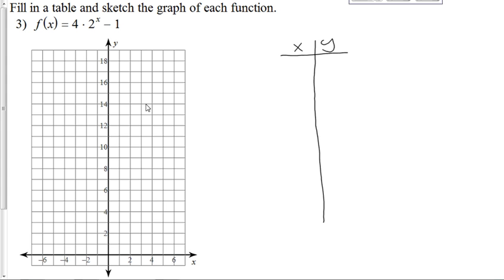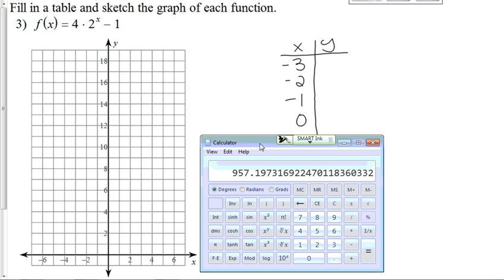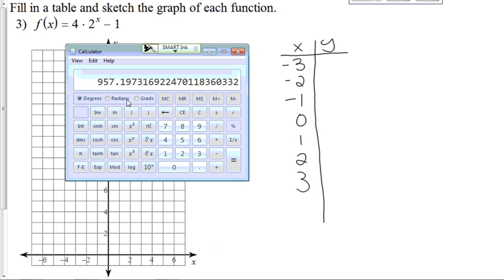To do each of these tables, we're just going to take some negative numbers and some positive numbers, and also 0, plug those into the function and use a calculator to find the answers. So we're going to do 4 times 2 to the negative third power, because negative 3 is the first number in our table, and then we're going to take away 1.